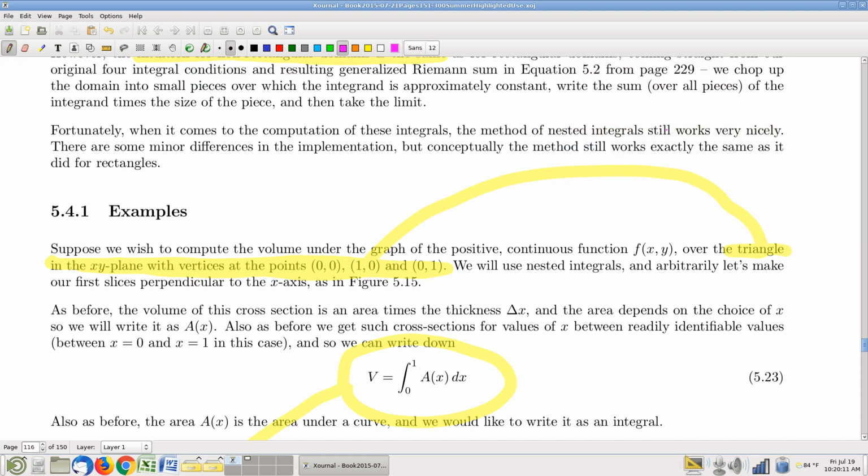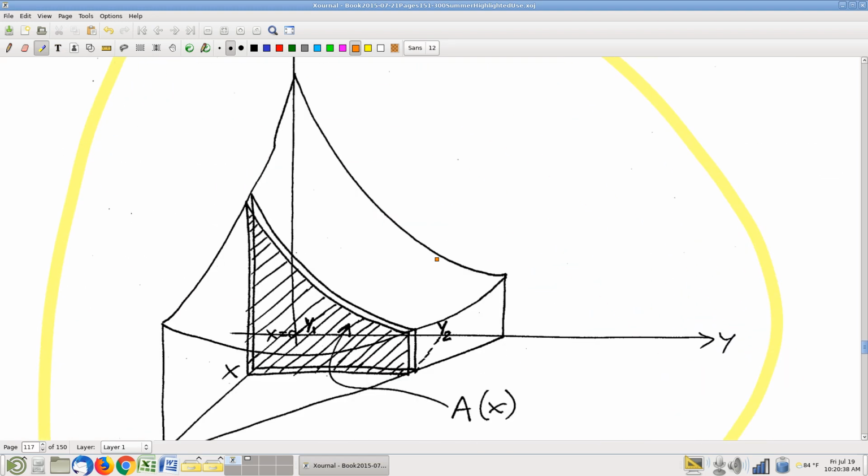This time, instead of having a rectangular domain, let's suppose that my domain is a triangle with these 3 vertices, and I want to compute the volume under the graph of some nice function f. It's just that I want to compute the volume sitting over a triangle instead of the volume sitting over a rectangle. Here's the picture.